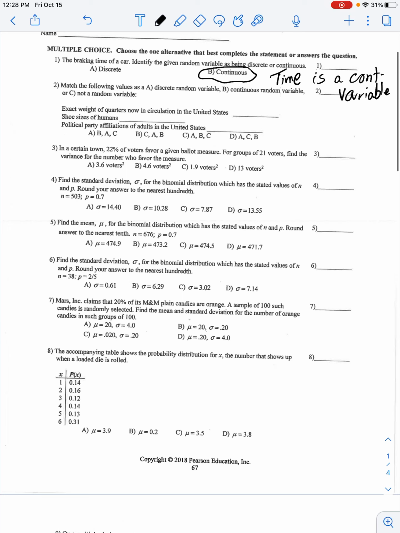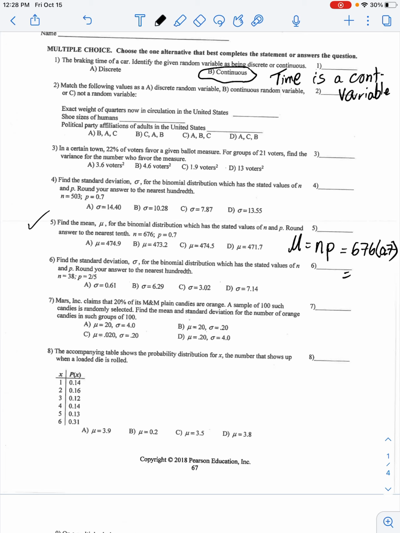Let's do number 5. Find the mean mu for the binomial distribution, which has the stated value of n and p. Round the answer to the nearest tenth. So mu, the mean for binomial distribution, is np. So n is 676, p is 0.7.